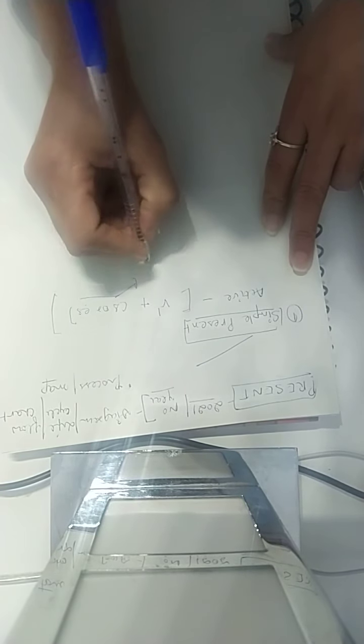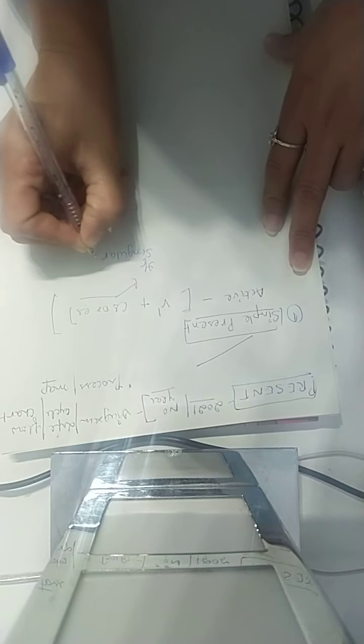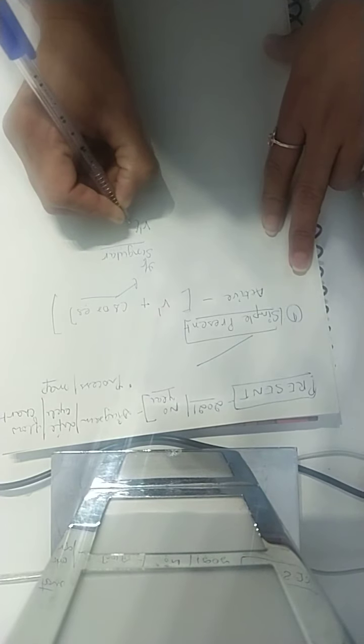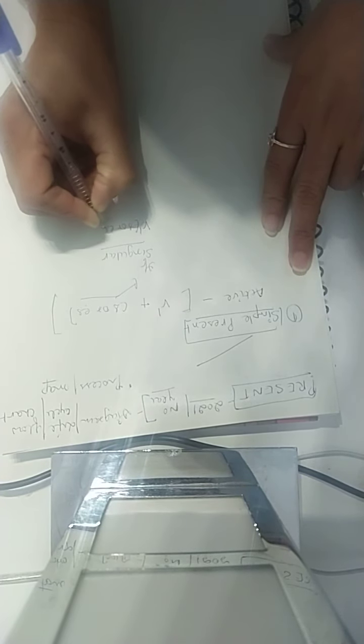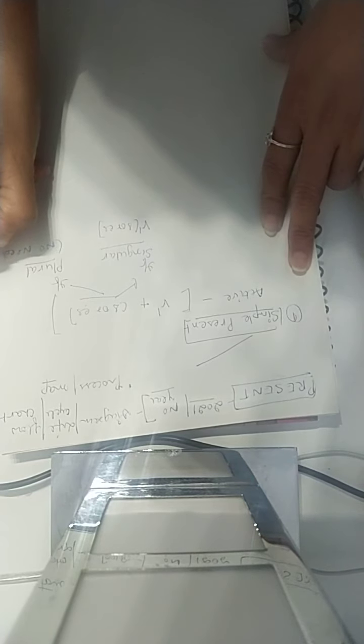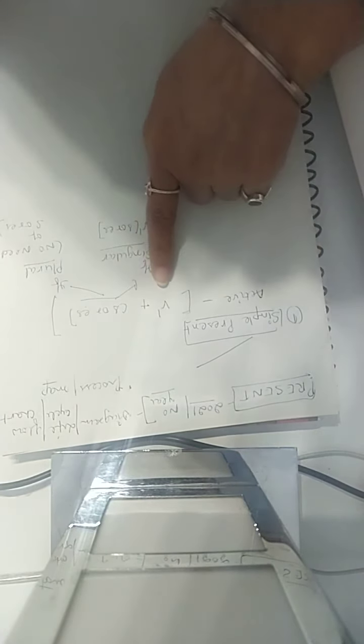When you use s or es, if the subject is singular, then you need to apply the first form with s or es, and if plural, then there is no need of s or es. You can apply the first form alone, single, like alone.